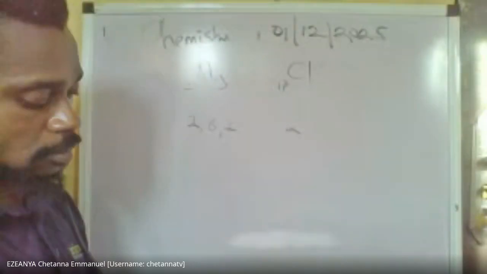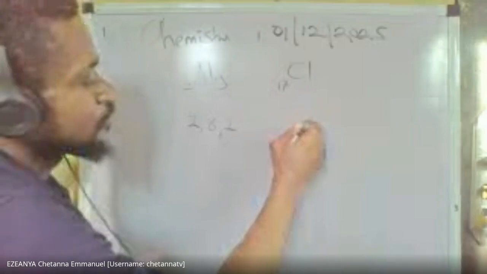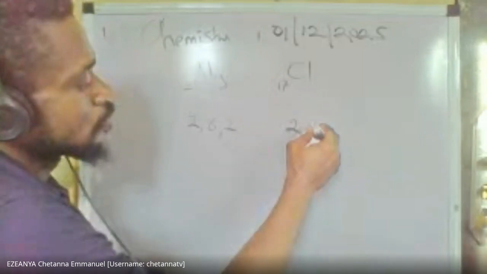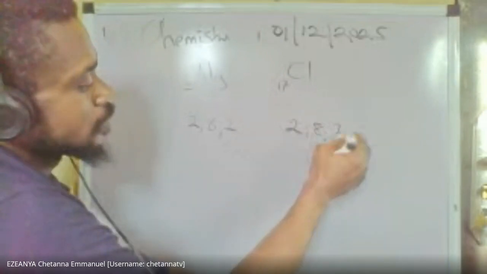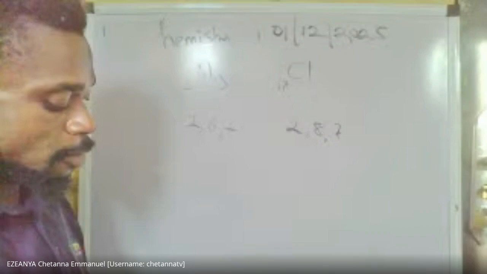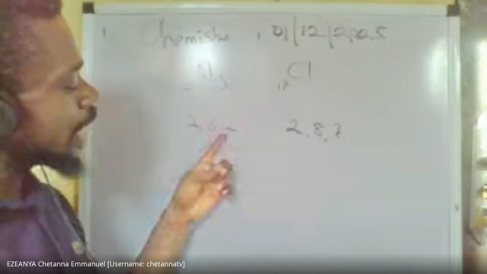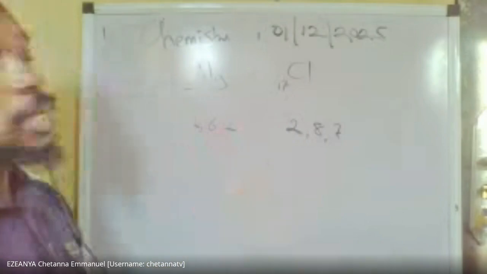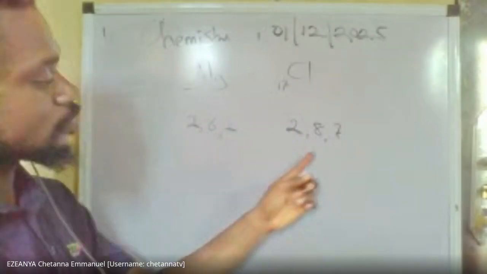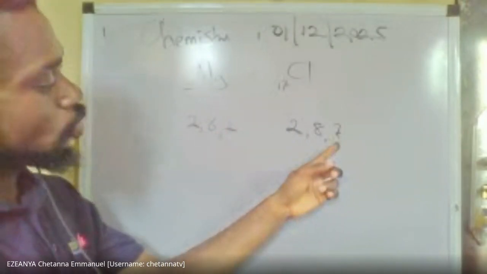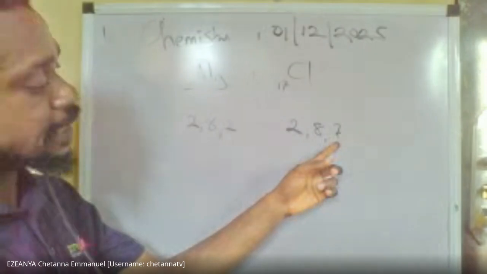Here we have 2, 8, 7 from the chlorine atom. But magnesium can only lose 2 electrons. If magnesium loses 2 electrons, they will come here and get attached.